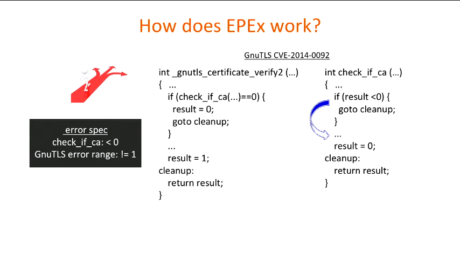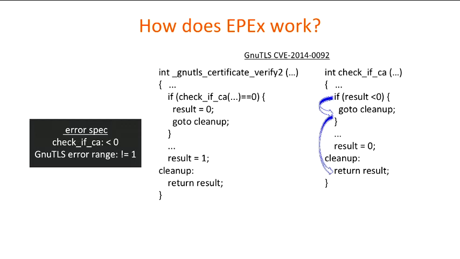Let's see what happens if result is non-negative. When that happens, result is set to 0 and returned. Now we look at our error specification, we see that check_if_ca returns a negative value for an error. That means the 0 is not an error code, and this path is not actually an error path, and we stop exploring it here.